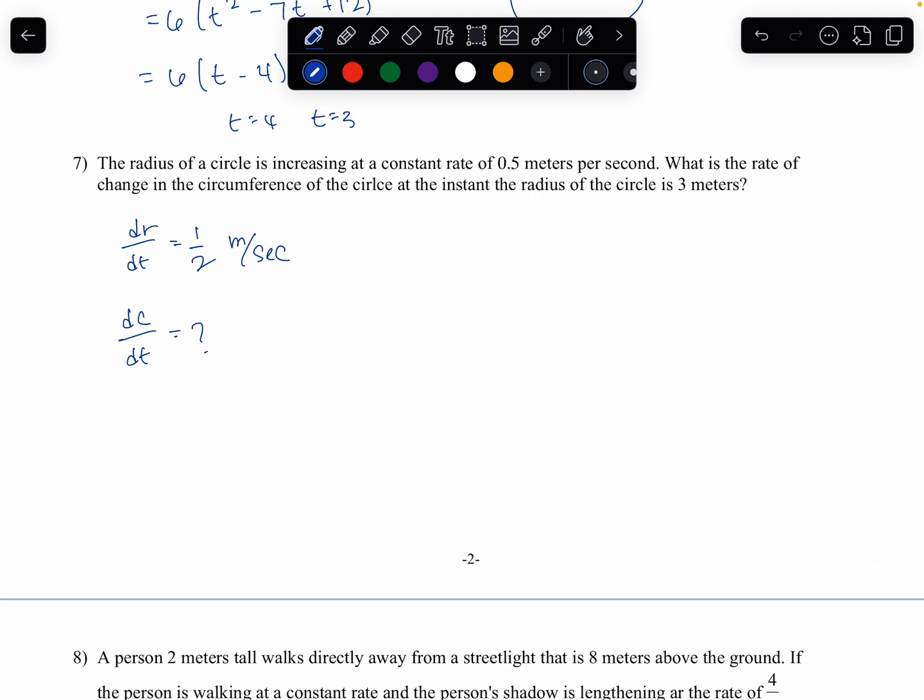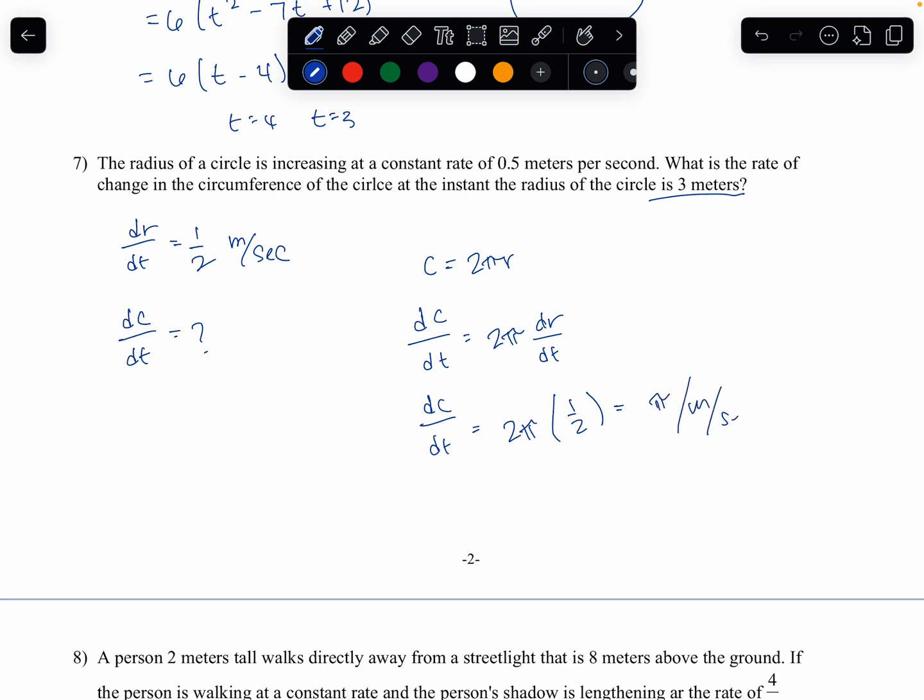When r is equal to 4, we're going to see that that actually doesn't matter, but the circumference of a circle is equal to 2 pi r, and then if I take the derivative, the change in the circumference with respect to time is going to be equal to 2 pi dr/dt, and so dC/dt is going to be equal to 2 pi times 1/2, which is going to be equal to pi, and that's in meters per second.